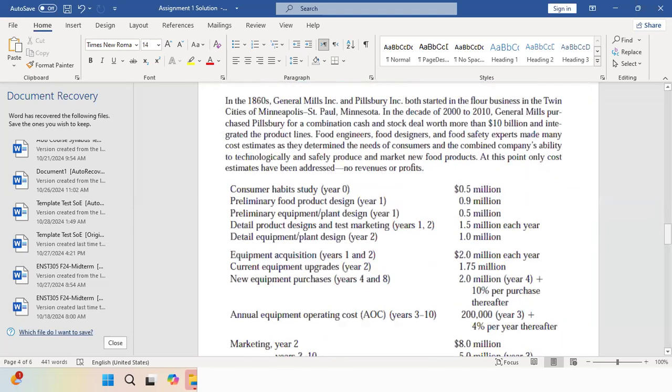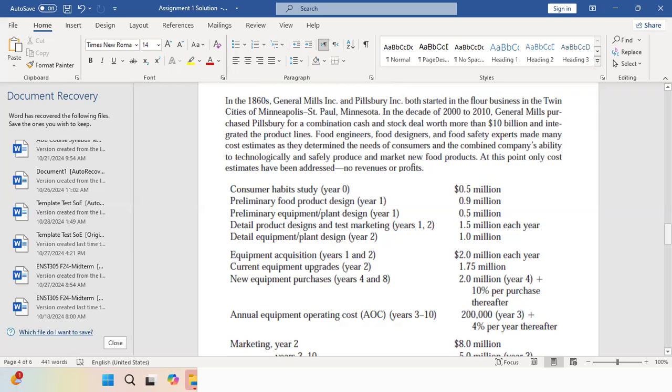Okay. Now, in another problem, we are suggesting a modification in a certain institution, and we want to study the total cost generated through 10 years. They told us that the institution proposed to do a combination of cash and stock deal worth more than $10 billion and integrate the product lines.